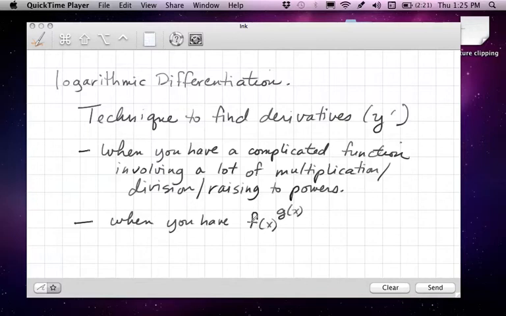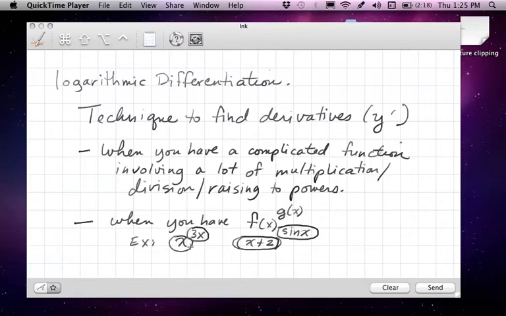So you have an exponential type of function, but you have x's that appear in both the base and the powers. For examples, x to the 3x, or x plus 2 to the sine of x. It could be any kind of weird looking thing. Notice I have x's in the base, and I have x's up in the power.